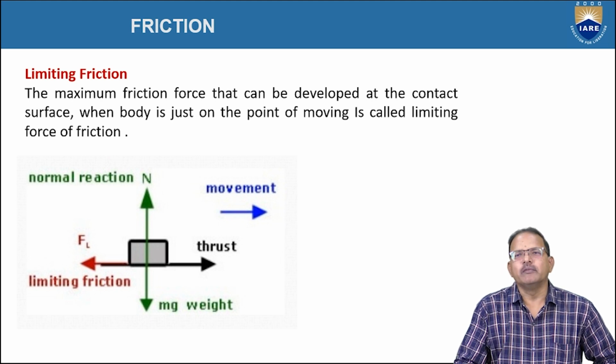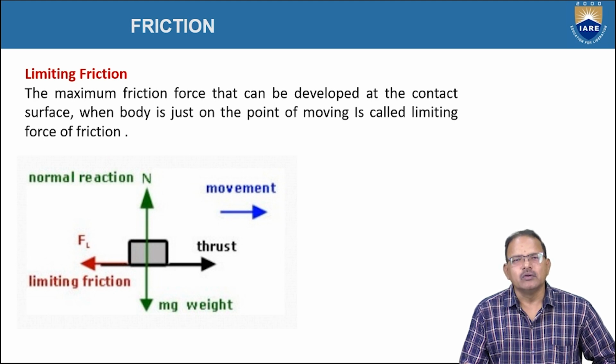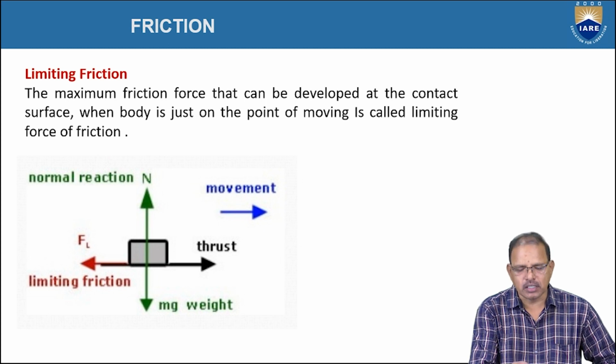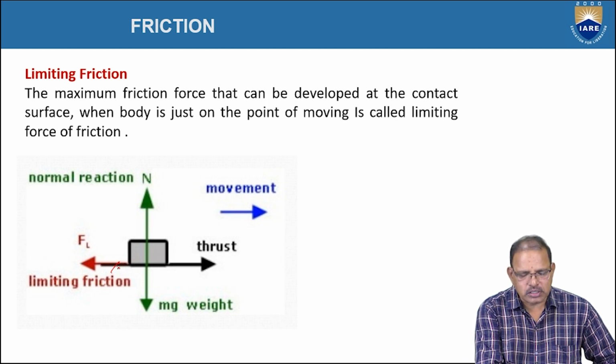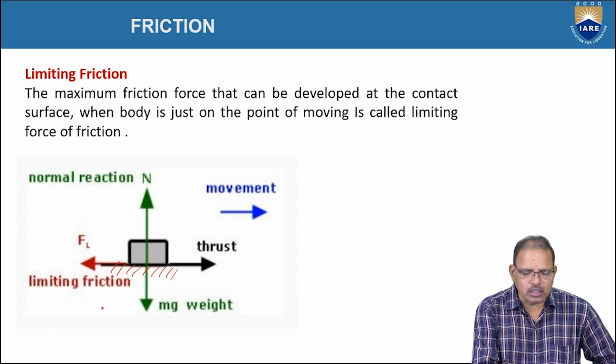So, drawing a free body diagram for the body when it tends to move in the direction of the applied force is represented here now. The body is resting on the surface. The forces which are acting on it are, one, the surface is preventing it from moving in the downward direction.